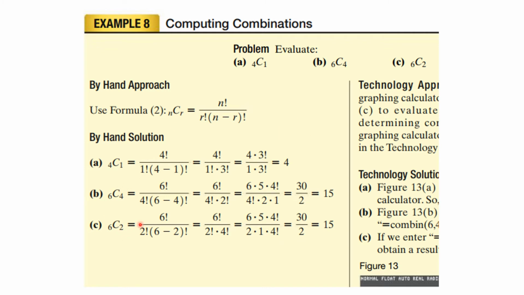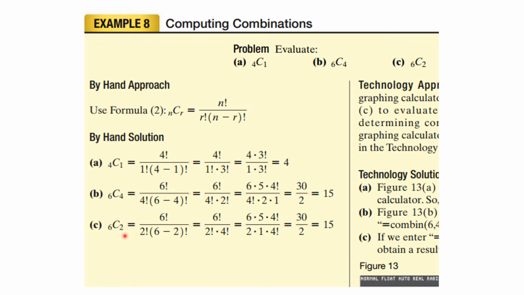Here we go, 6 choose 4. That's 6 factorial over 4 factorial times 6 minus 4 whole factorial. You do what's in the parentheses first, so that is 6 factorial over 4 factorial times 2 factorial. So 6 factorial is 6 times 5 times 4 times 3 times 2 times 1, and that's 4 factorial, and then this is 4 factorial and 2 times 1. The 4 factorials cancel, and I get 30 over 2, or 15.